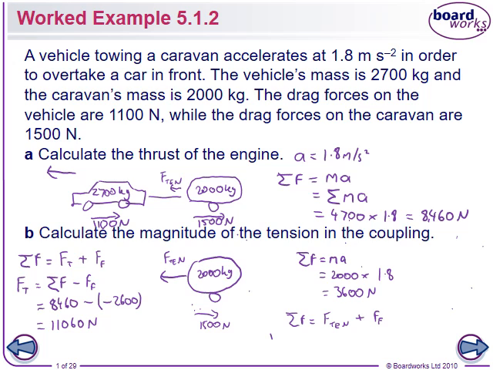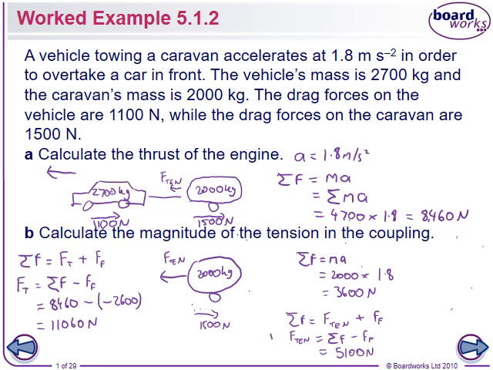So if we rearrange this again, our tension force, oh, my writing's getting small, sorry, is equal to that minus that. And I won't put the numbers in because I've run out of room, but our net force is 3,600. We have to add the negative 1,500 to get 5,100 newtons.